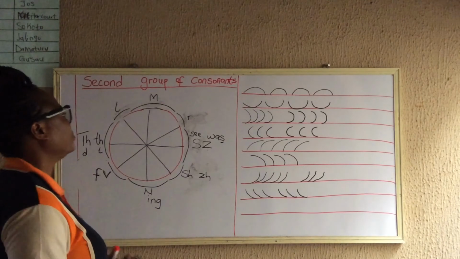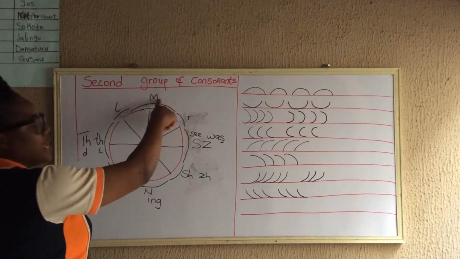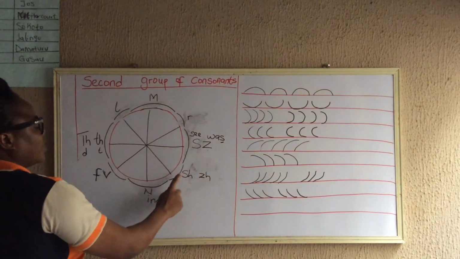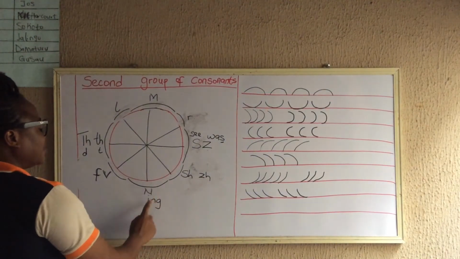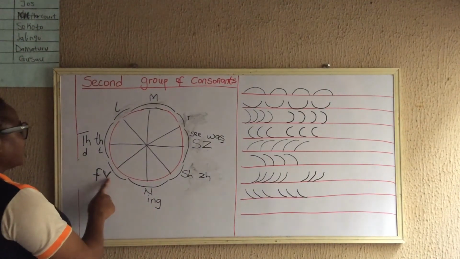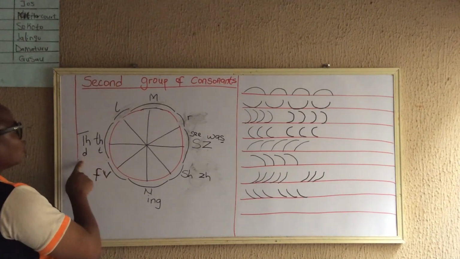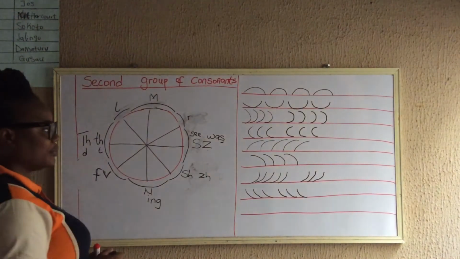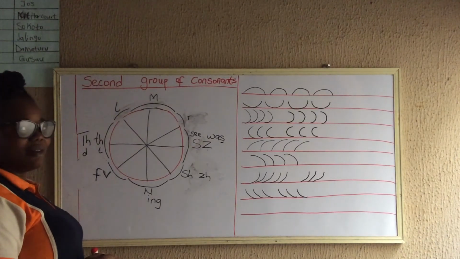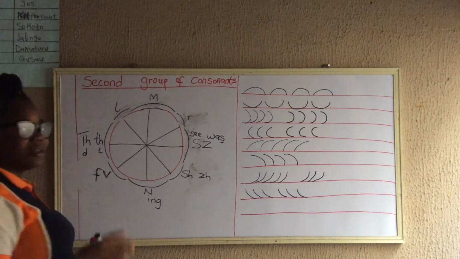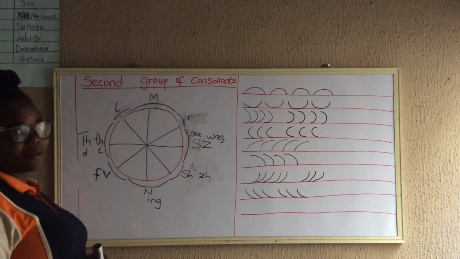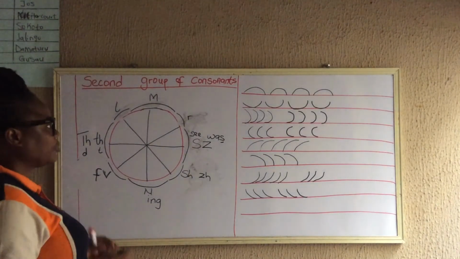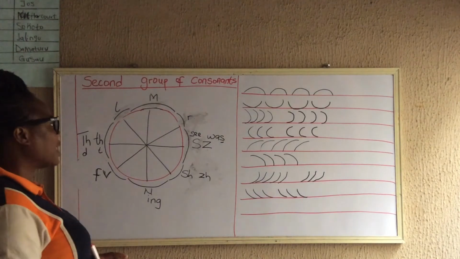We have 8 before, 9, 10, 11, 12, 13, 14, 15, 16, 17, 18, 19, 20, 21. We have done 21 right now. What else? Remaining 3. The remaining 3 that we are about to learn right now, they are special consonants.